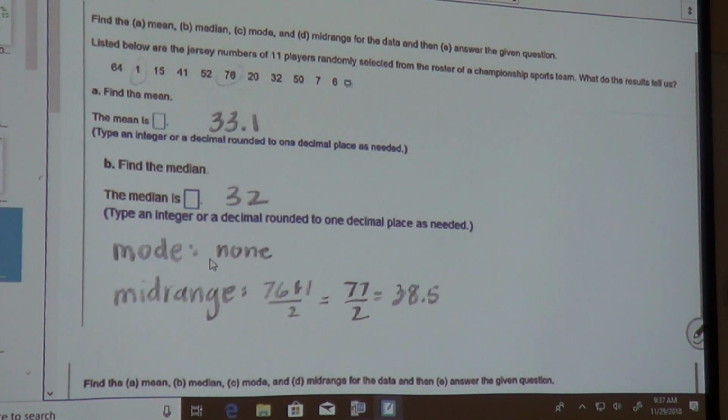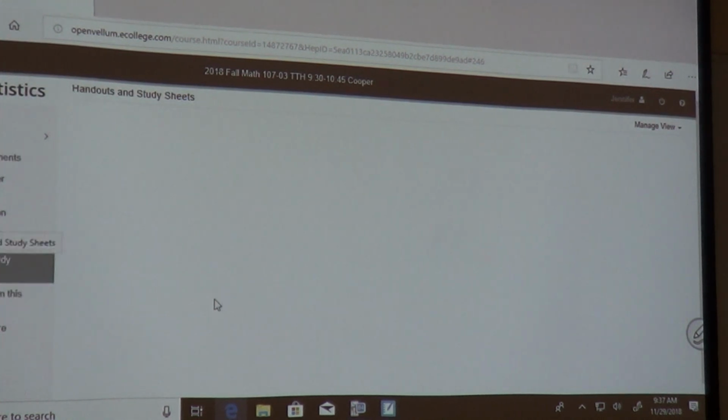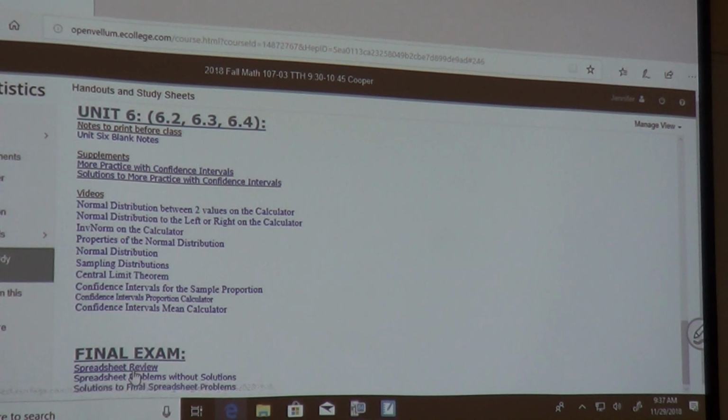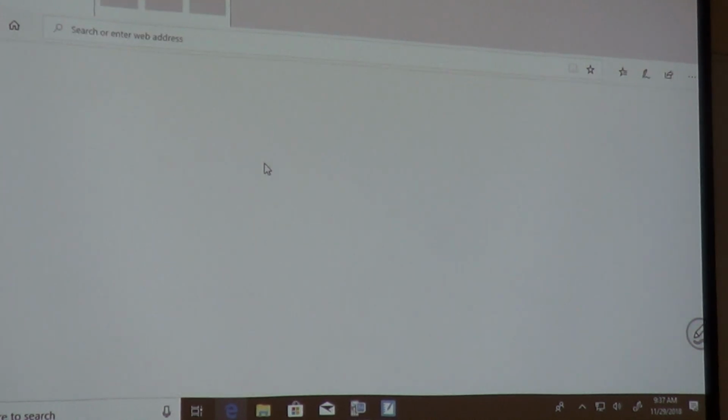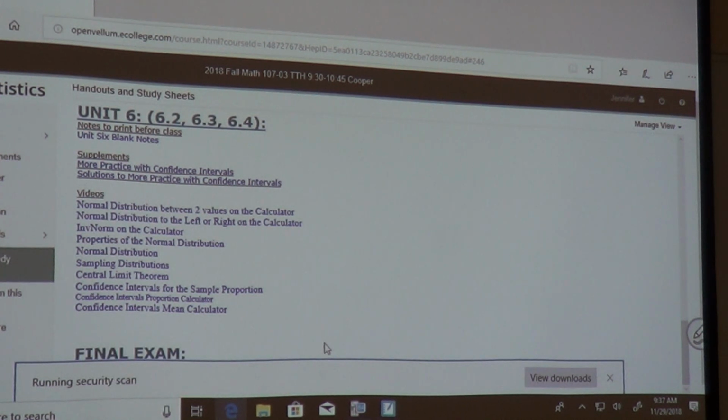All right, mean, median, mode, and mid-range. I did them all in one problem, but if we look on our review handouts and study sheets, go to the bottom, final exam review spreadsheet, and open it.